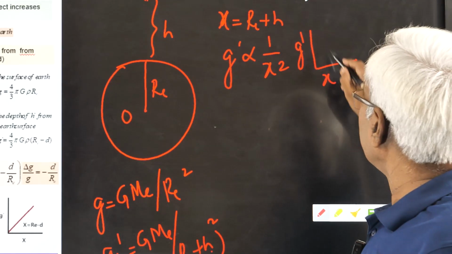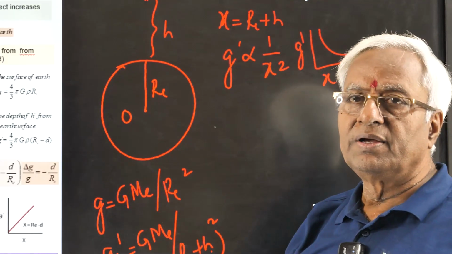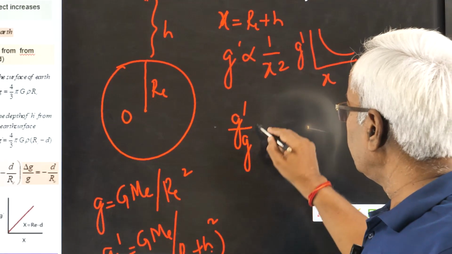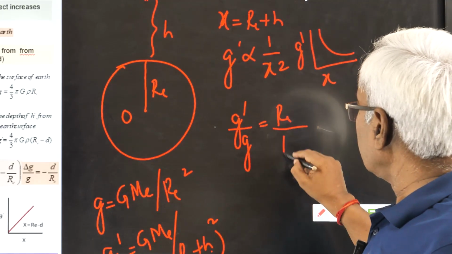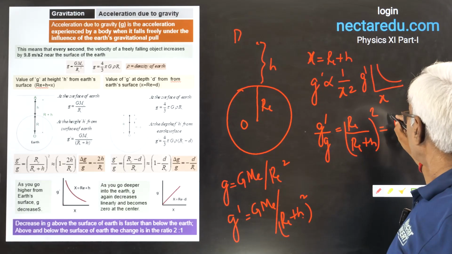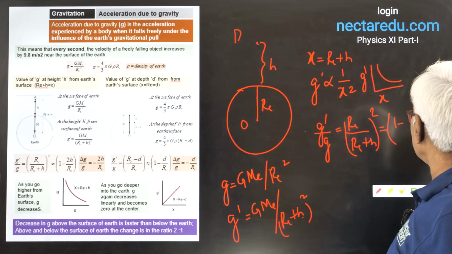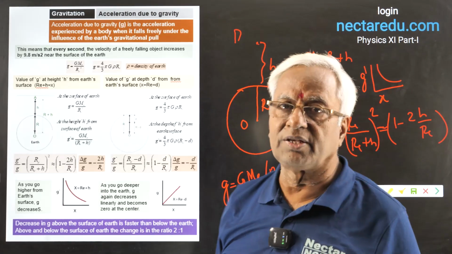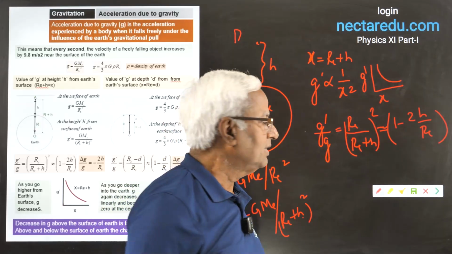Moreover, if you take the ratio of the two, you'll find g dash upon g is equal to (RE upon RE plus h) whole square. On the basis of binomial theorem, you'll approximately get the result g dash upon g equal to 1 minus 2h upon RE.